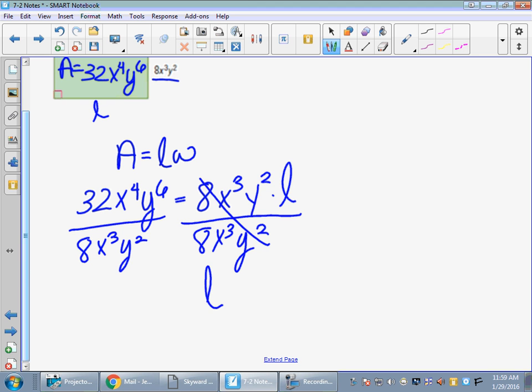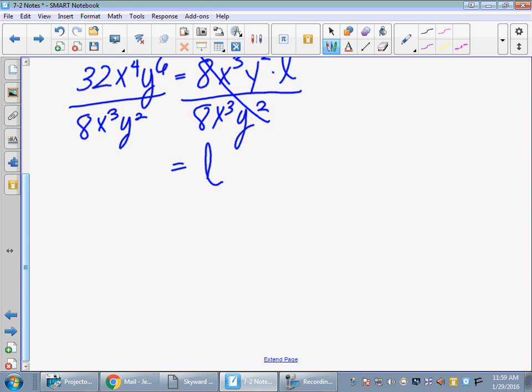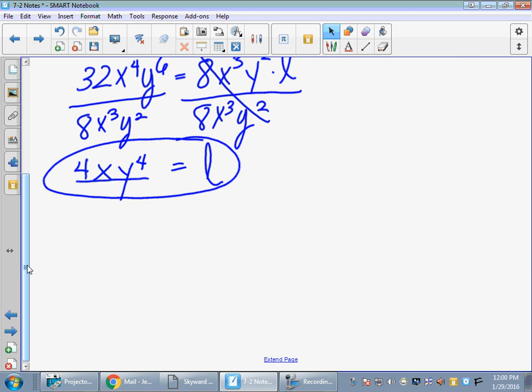And so the length will equal whatever this quotient is. So 32 divided by 8 is 4. Okay, and I have x to the fourth over x cubed is x. And then y to the sixth over y squared is y to the fourth. Okay, and then I could actually expand that out one last time. The 32 over 8 is going to be 4 no matter what.